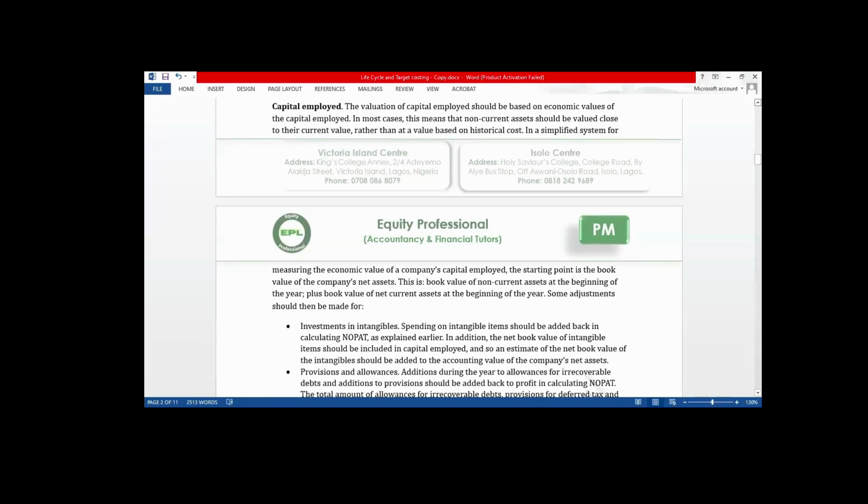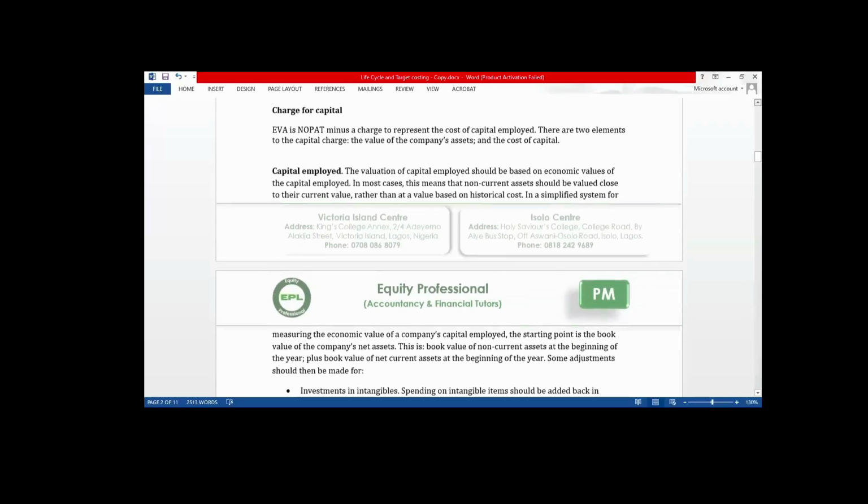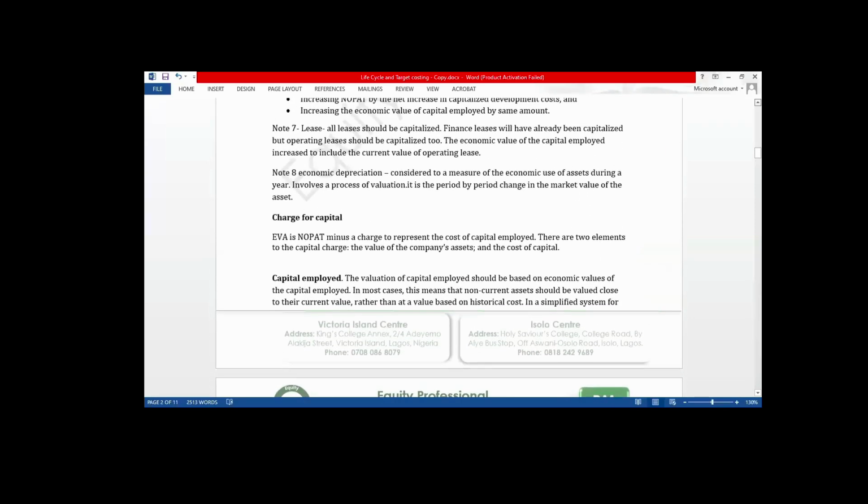Let me demonstrate this. Let me go to the whiteboard and explain how to calculate adjusted capital employed. Let me show the formats.